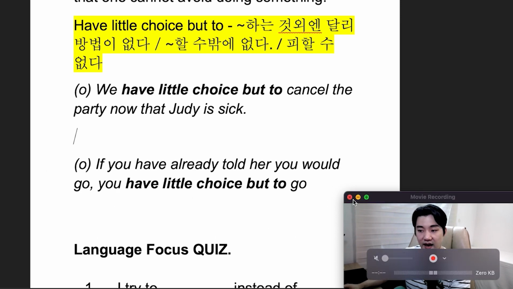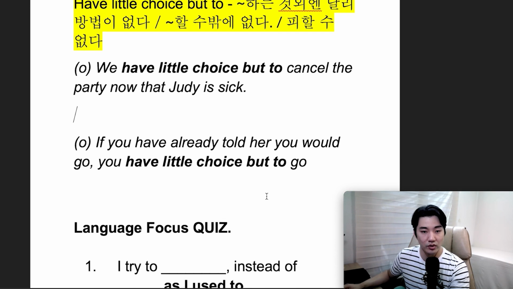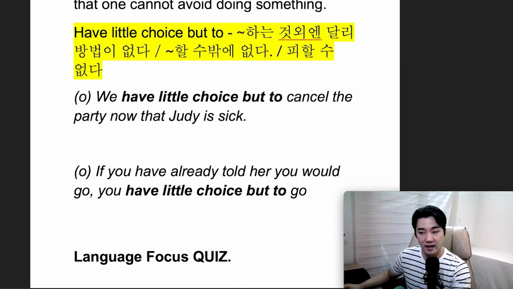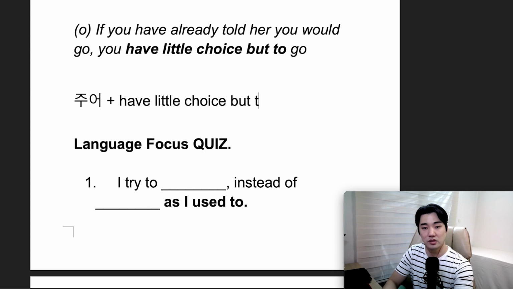Or if you have already told her you would go, you have little choice but to go. 만약에 내가 이미 그녀에게 가겠다고 말했다면 너는 갈 수밖에 없다. 주어 plus have little choice but to plus 동사.